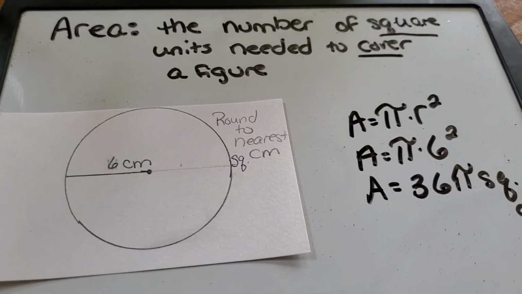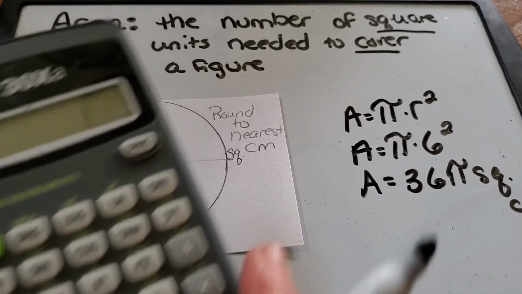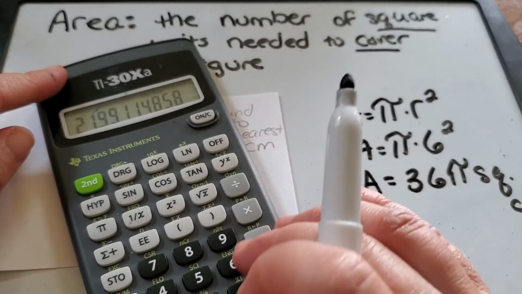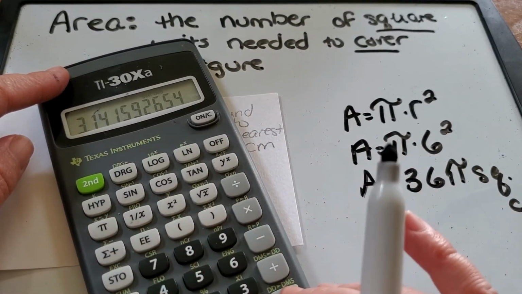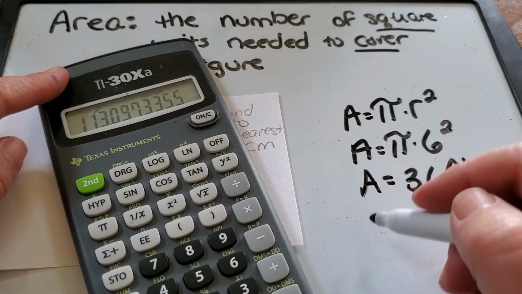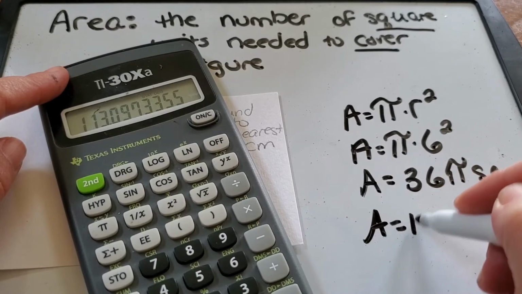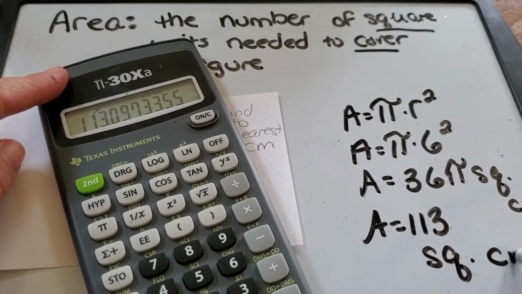Now this time, because the directions tell us to round, we're not going to leave it in terms of pi. So we're going to punch 36 times pi in our calculator. So 36 times pi, there's pi right there. Don't forget to hit equals. And if we rounded that to the nearest whole number, it'd be 113 square centimeters.